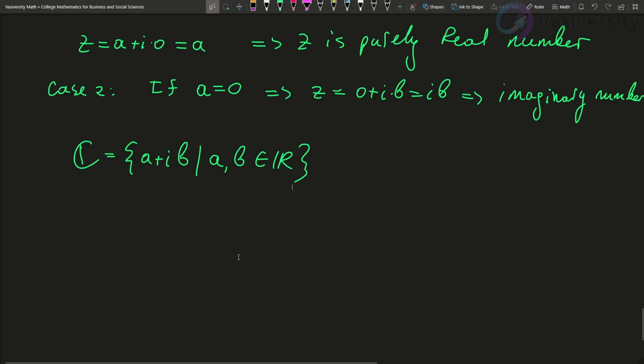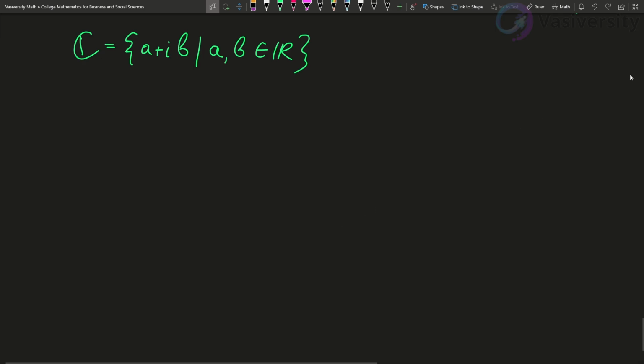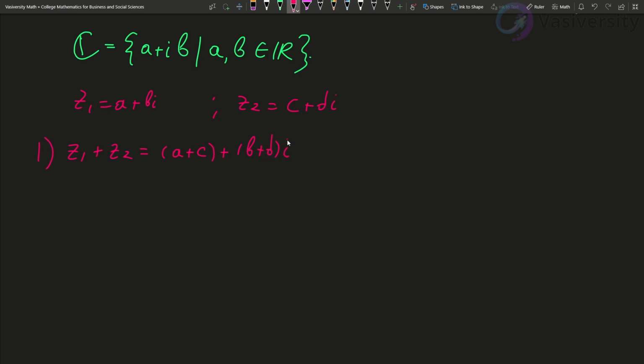So if we have two complex numbers, we can have it as the following. If we have z1 to be a plus bi, z2 to be c plus di, then, rule number 1, z1 plus z2 is going to be (a plus c) plus (b plus d) times i.